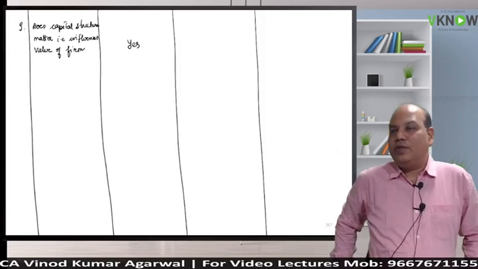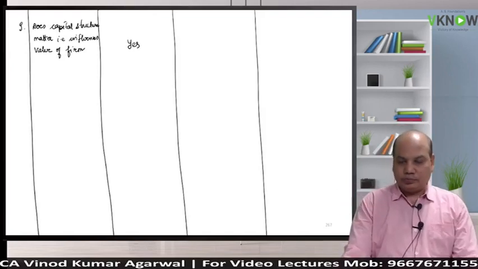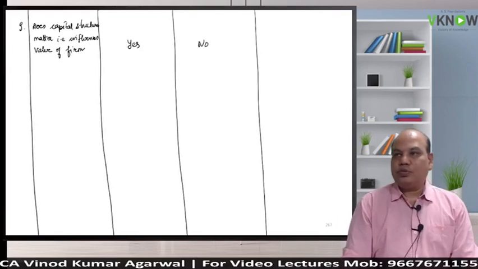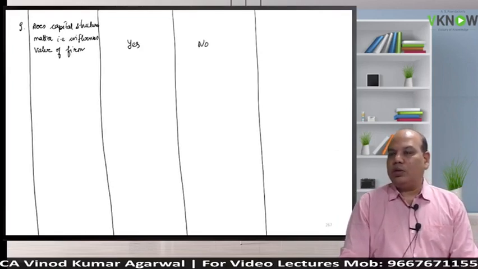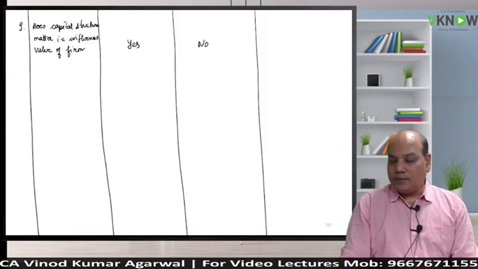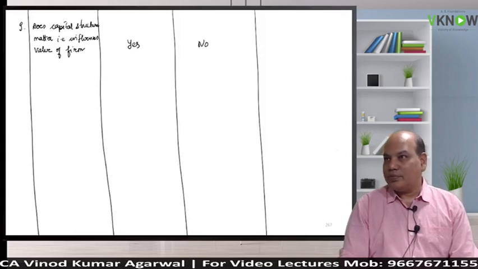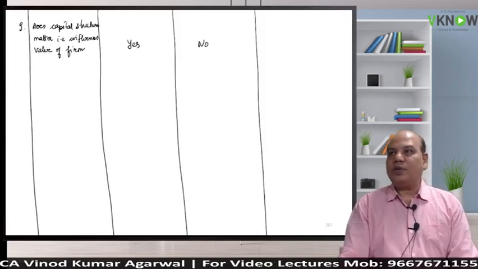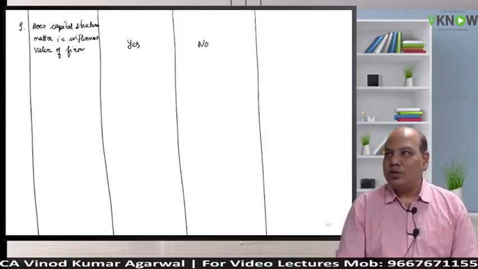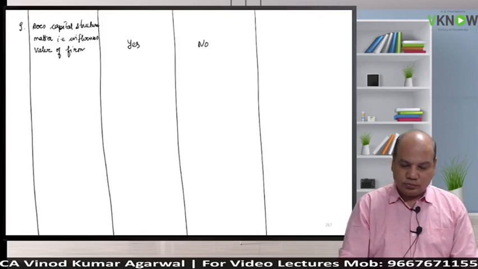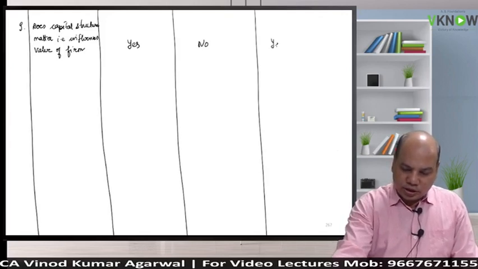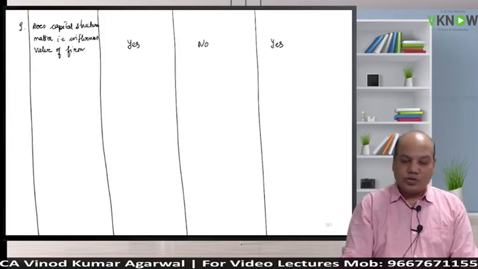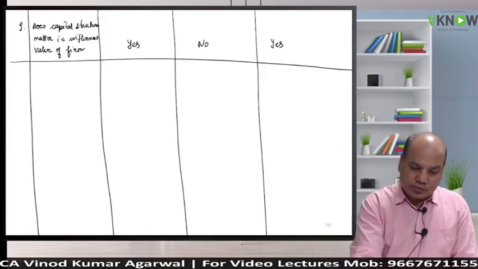Capital structure influences the value of the firm. In NOI approach, Modigliani-Miller approach, if there are no taxes, then capital structure does not influence the value of the firm. And under traditional approach, the answer is yes. Capital structure influences the value of the firm.